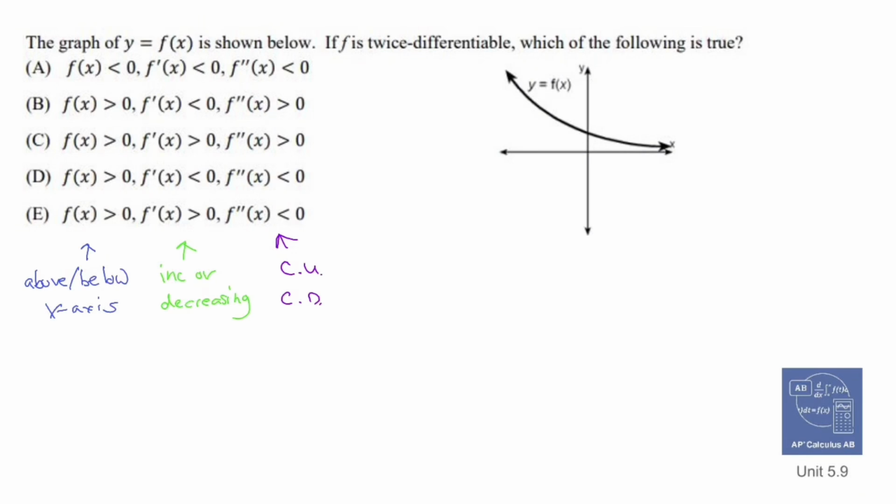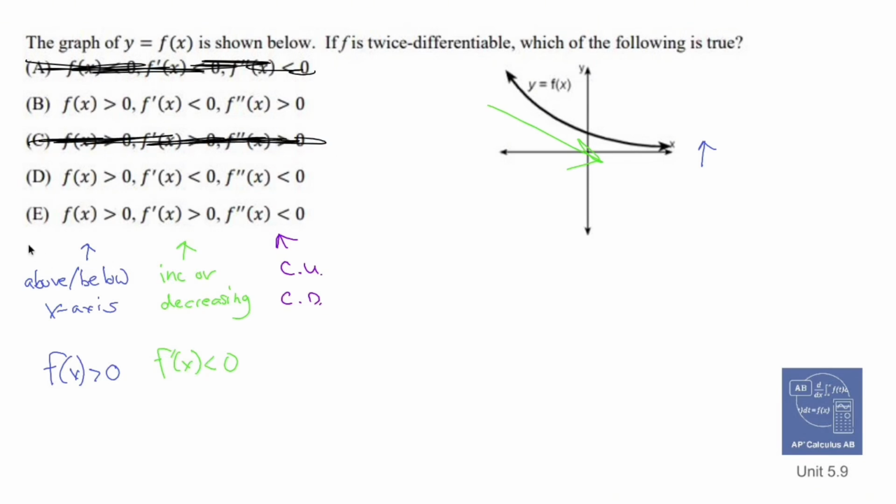Now let's find out what we have in blue first. This is above the x-axis, the whole thing. So we know that f of x is positive, which eliminates one choice. Now, this whole function is going down and to the right, which means it's decreasing, which means f prime of x is less than 0, which eliminates two more choices.